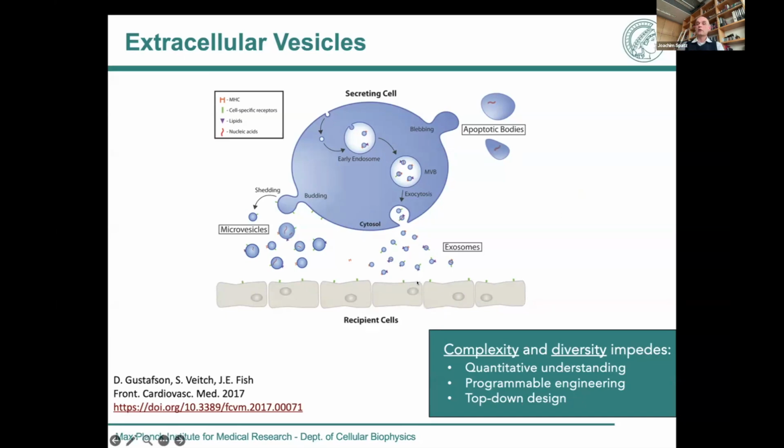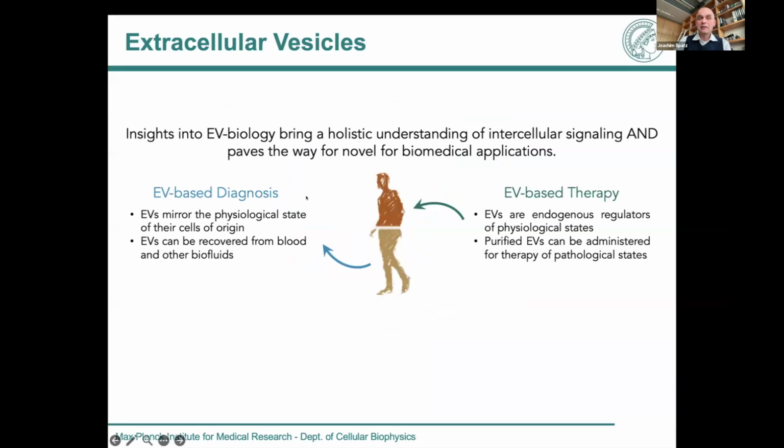That allows you to understand basic signaling processes in a complex environment. These natural extracellular vesicles are already used in diagnosis and therapies. There are companies which are isolating natural extracellular vesicles and applying them for diagnosis or for therapy. So it's of great importance.